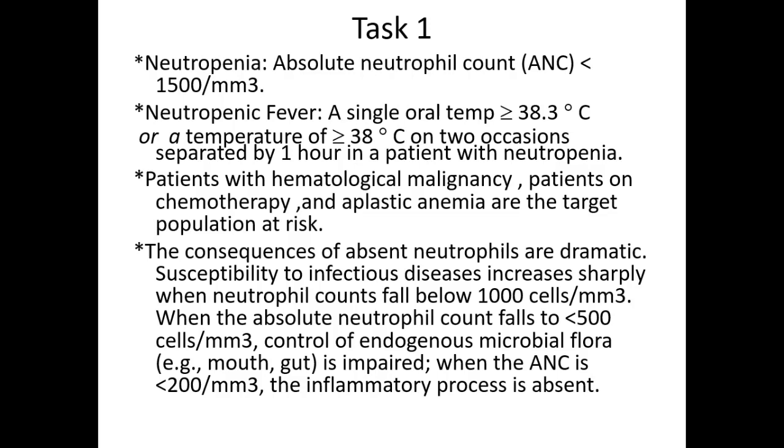When such a patient develops fever, we label the condition as a neutropenic fever: a single oral temperature equal or more than 38.3, or a temperature of equal or more than 38 on 2 occasions, separated by 1 hour, in a patient with neutropenia. Patients with hematological malignancies, patients on chemotherapy, and aplastic anemia are the target population at risk.